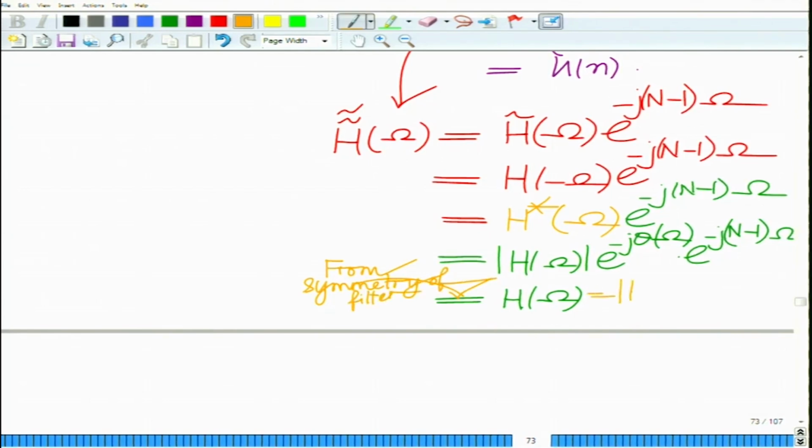Which is equal to magnitude h of omega e raised to j theta omega.